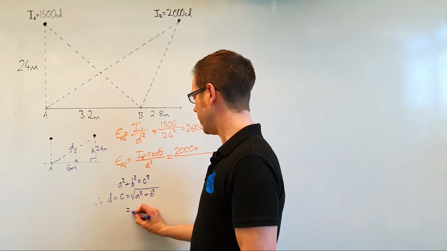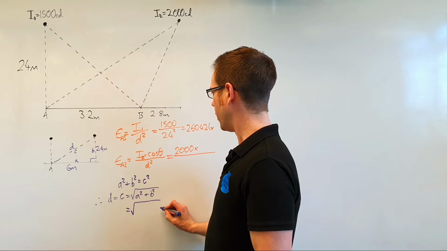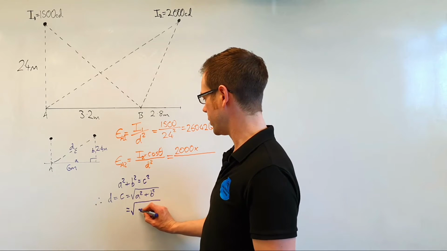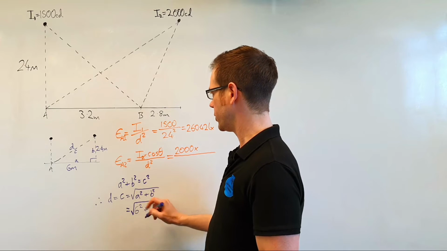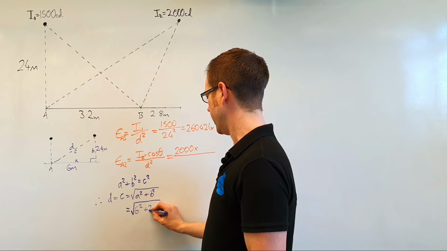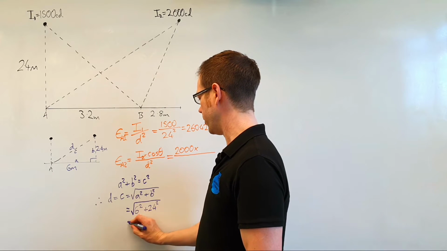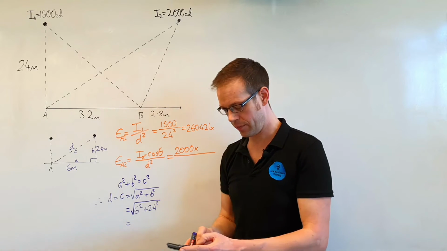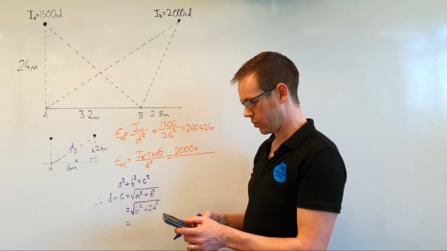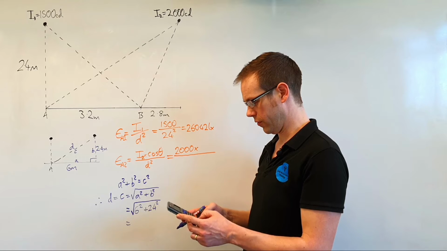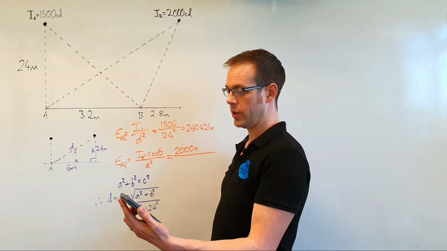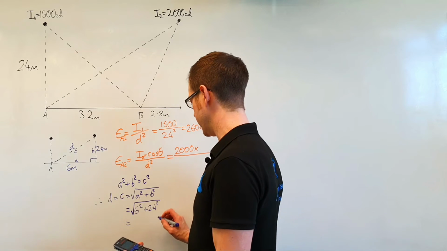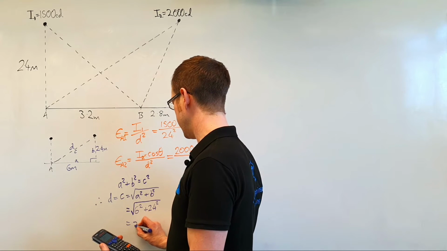We end up with the square root of our distances. So we've got 6 squared, so that's our distance from there to there, plus 2.4 squared, and then of course the whole thing gets square rooted. So let's put that into the calculator. The square root of 6 squared plus 2.4 squared, and we come out with 6.46 meters. So we'll go with 2 decimal places again.